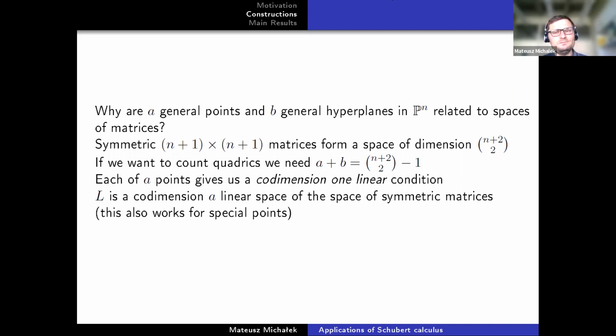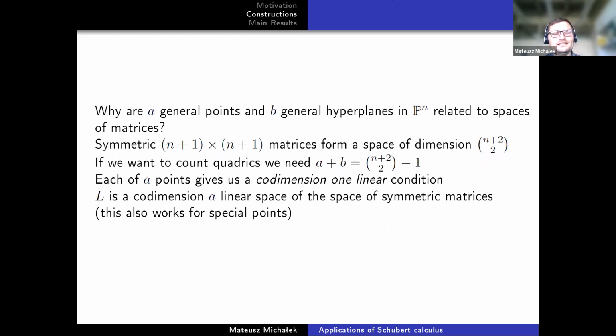If a plus b is smaller than this number, there are infinitely many quadrics satisfying the condition. If a plus b is greater, there are no quadratic polynomials satisfying it. All of this is up to scaling, because we are in a projective space.